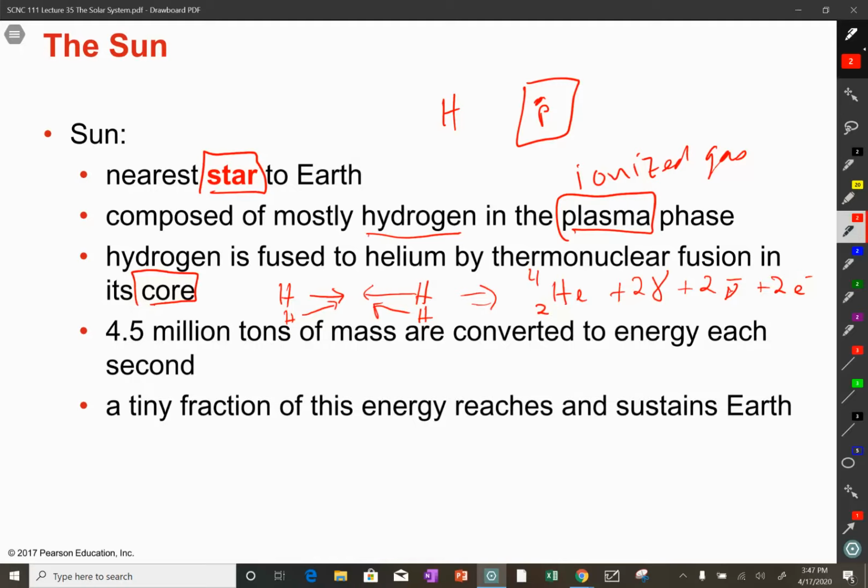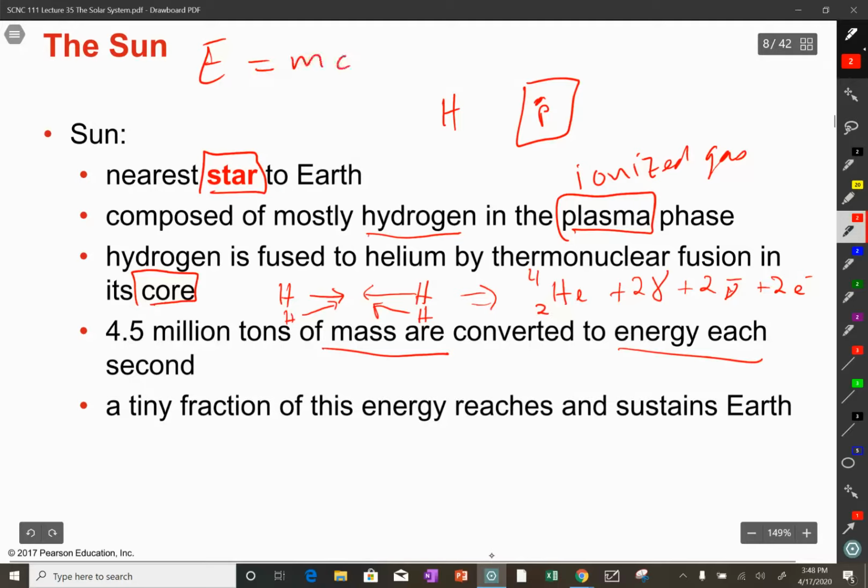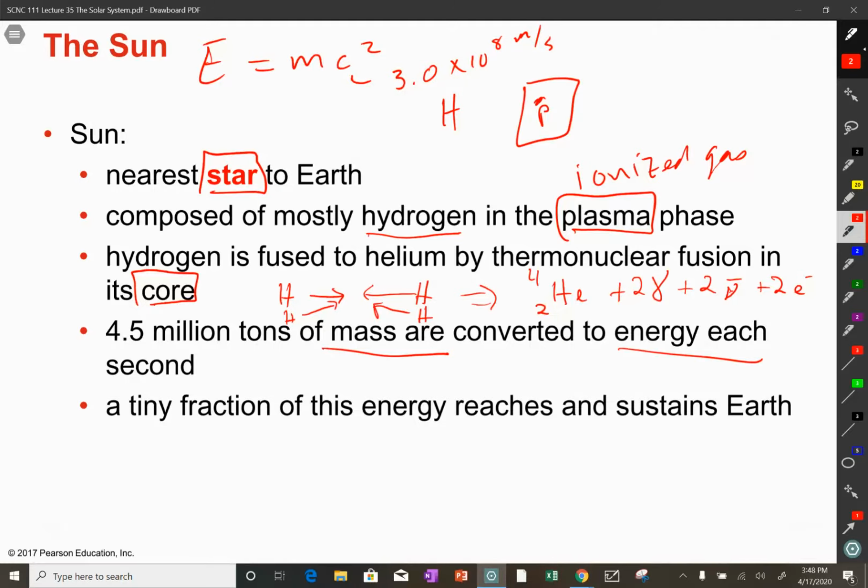How much energy? Well, 4.5 million tons of mass are converted to energy each second. Now, Einstein said that energy equals mc squared. So c, that's the speed of light. So c squared is 9 times 10 to the 16th meters squared per second squared. And a ton, a metric ton is 1,000 kilograms.